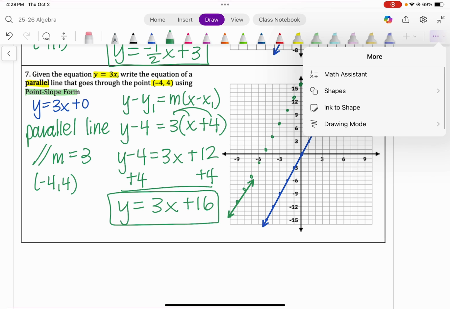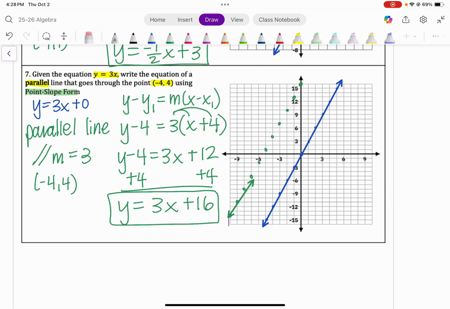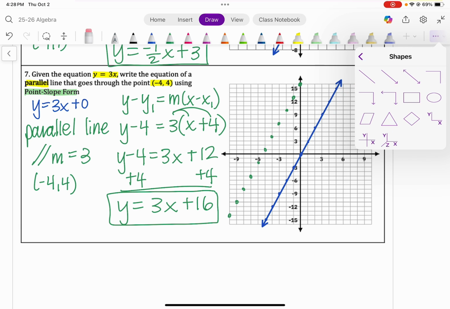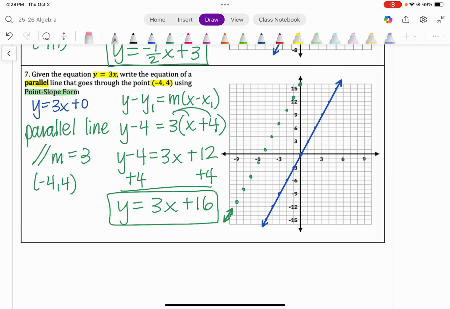Let's try that again. Shoot, let's try that one more time. I'm having a tough time with this today. Connect those dots with a straight line. And the point I wanted to go through was negative 4, 4. And there it is.